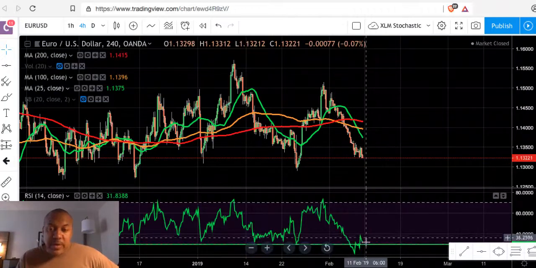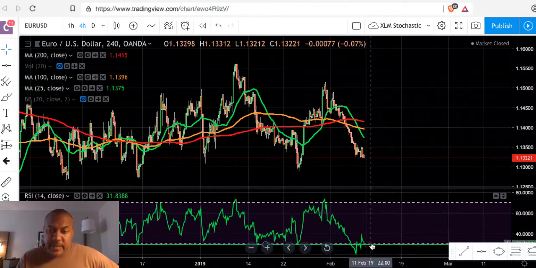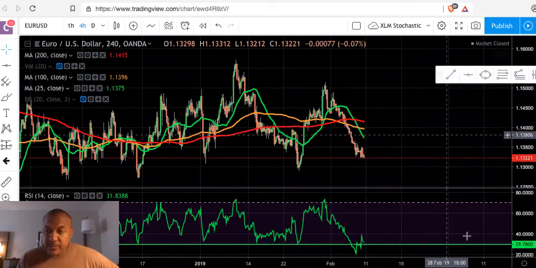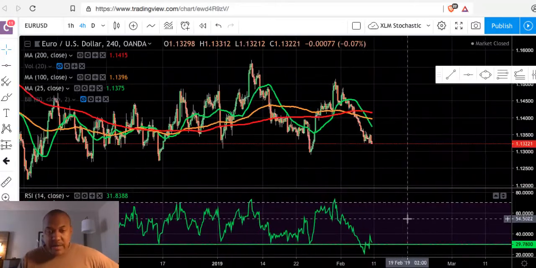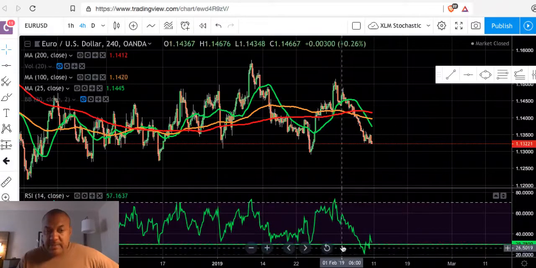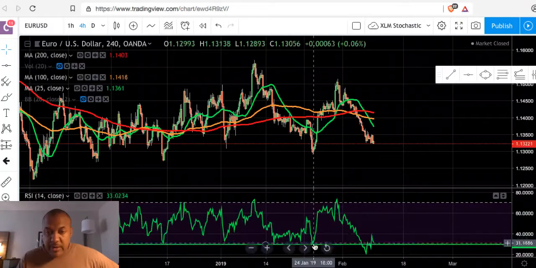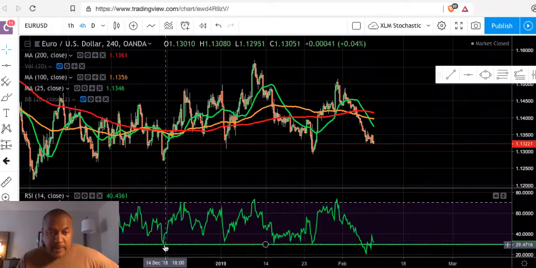So what we're going to be looking at for confirmation in terms of when to get into a buy order is if this green line that I have right here, which is at the 29 RSI mark, has been major support in the past, right? We can see it right here, support here, support here, support here, support here, support here, and here.